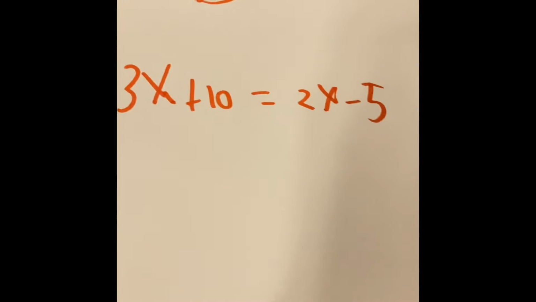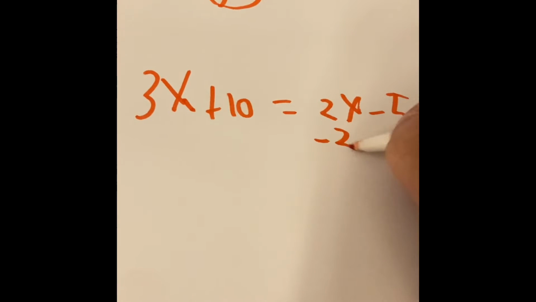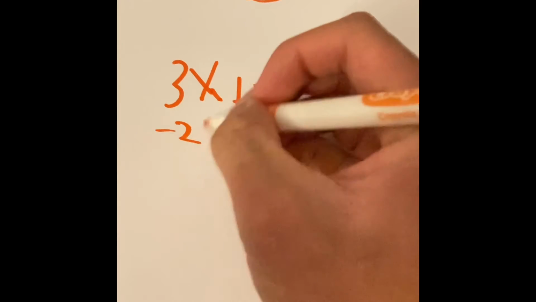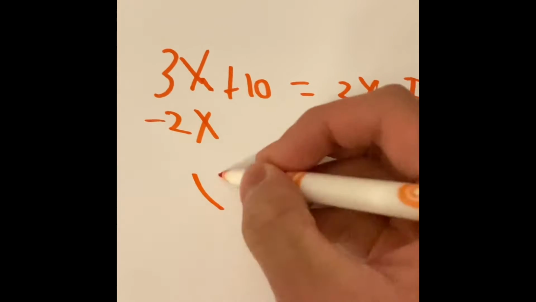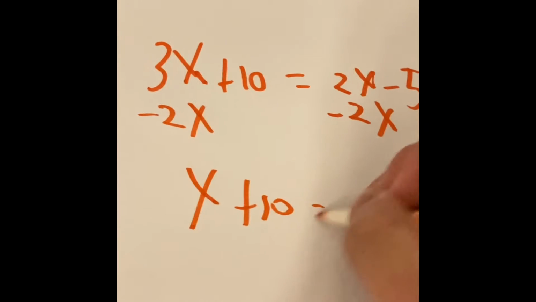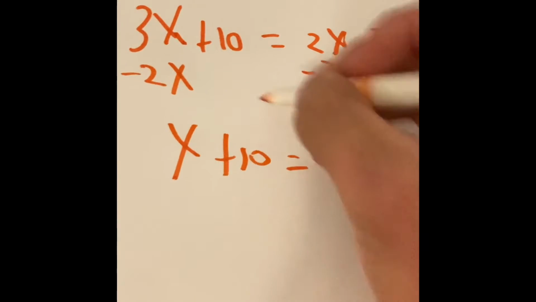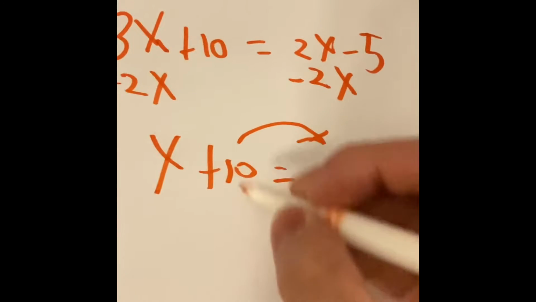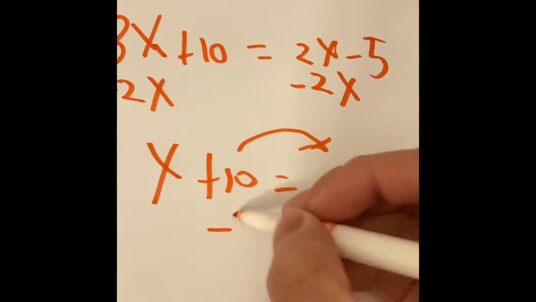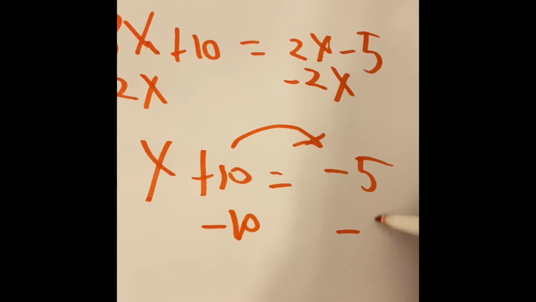So what I'm going to do is subtract 2x from both sides, we get just x plus 10 equals negative 5. After that, we need to get that 10 on the other side. So we subtract 10 from both sides.